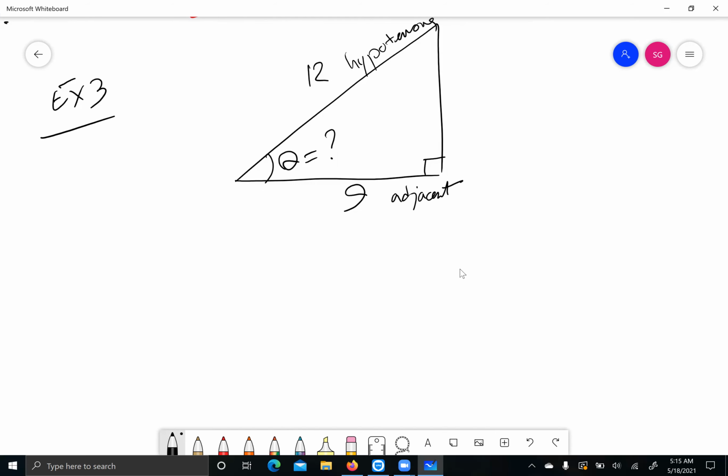Since we have the values of the adjacent and the hypotenuse, which trig function is based on these two? Cosine, because cosine of theta is defined as the ratio of adjacent to hypotenuse. So it's going to be 9 over 12.